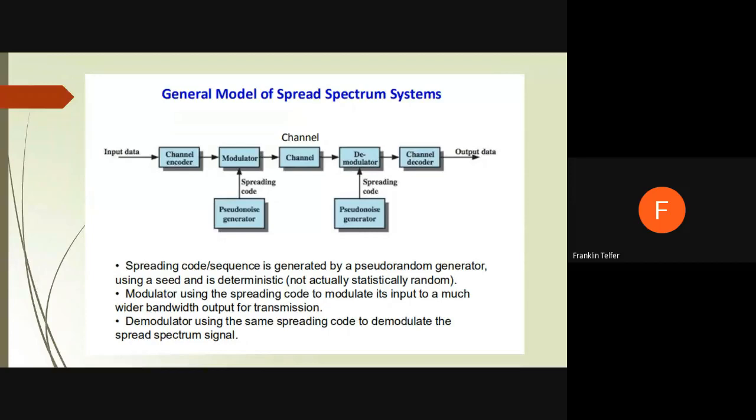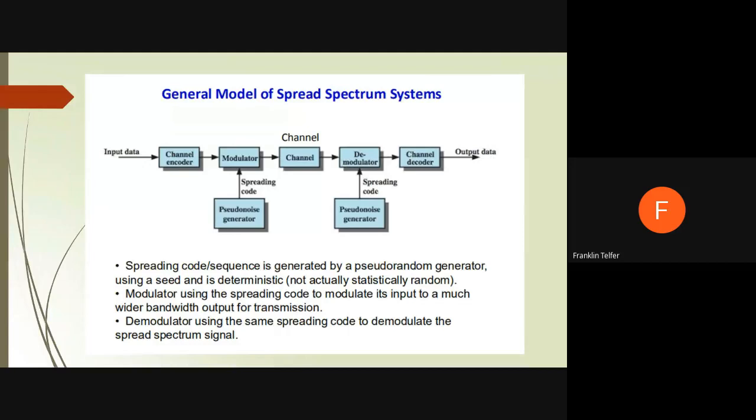It is combined with the incoming signal from the channel encoder, and it is given to the channel. In the channel it travels, and some noise will be added or dropping of signal will occur. That signal is received by the demodulator. The same spreading code sequence is generated at the receiver also, and the channel decoder decodes the incoming data and gives it to the output.